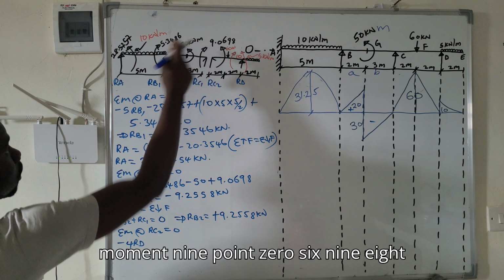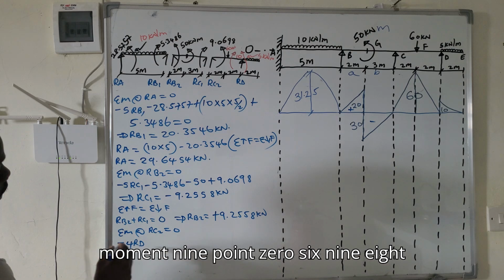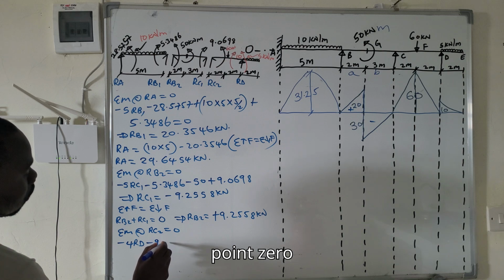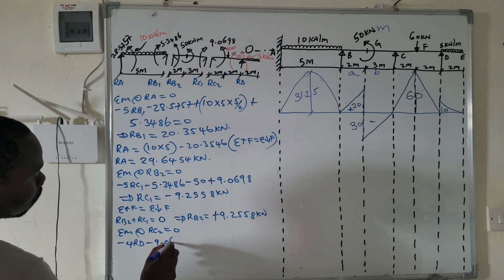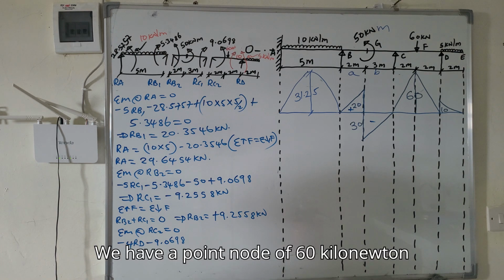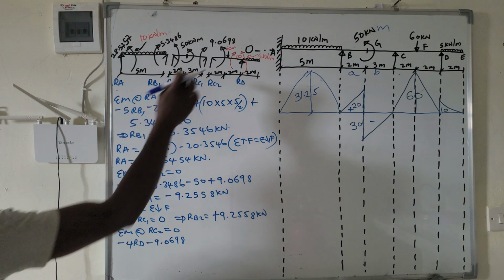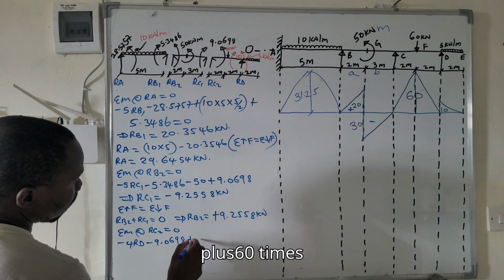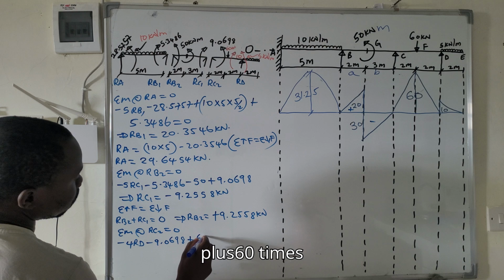Then we come to this moment, 9.0698. It is moving in anticlockwise, so minus 9.0698. We have a point load of 60 kilonewton. This is moving in clockwise, so plus 60 times 2.